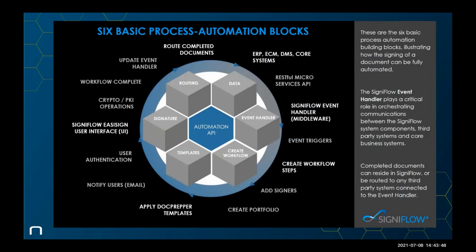There are basically 6 basic process automation blocks that form part of their entire solution. First of all, we sit with the data that may be coming from ERP, enterprise content management systems, document management systems, or any other core systems within an organization.